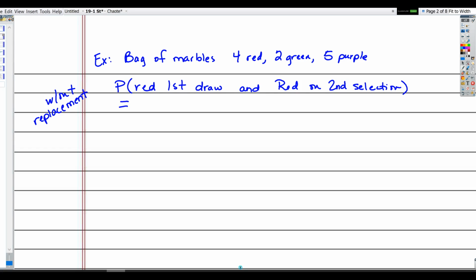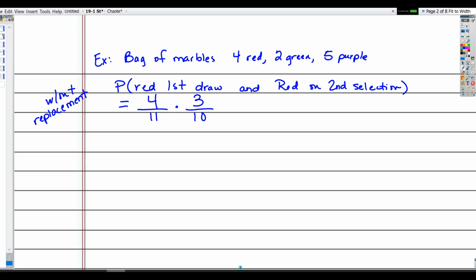How many of you said, well, there's 4 reds, so 4 over 11, because there's 11 total. And then what'd you multiply for the second one? 3 out of 10. Very good. So the probability for red on the first selection is pretty straightforward. It's the second one.